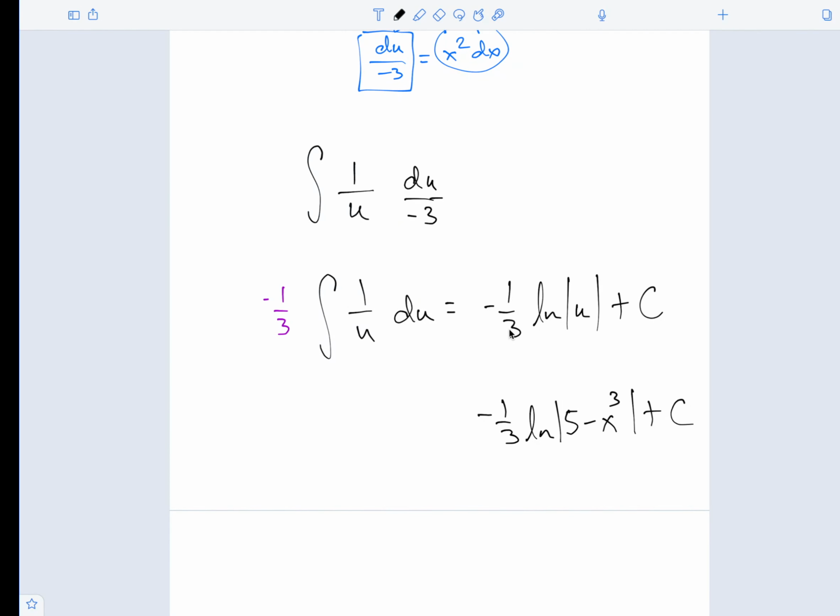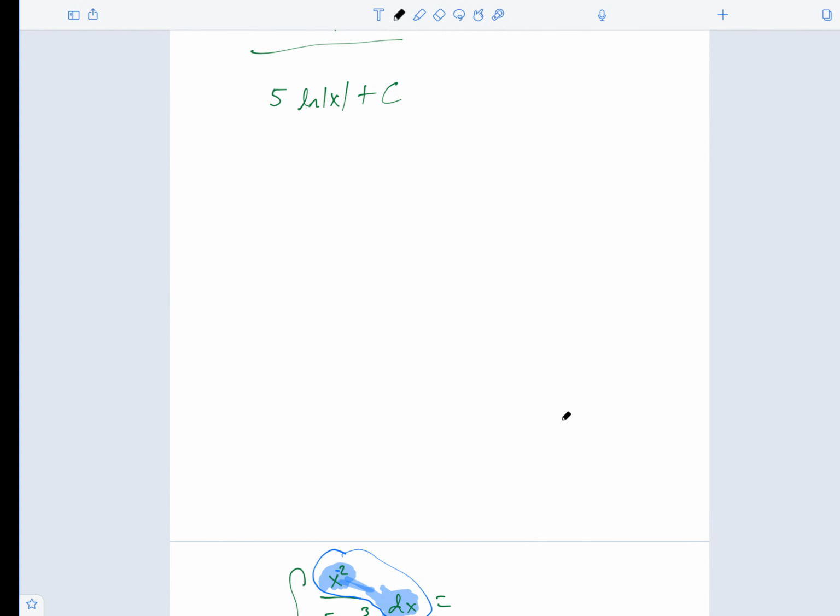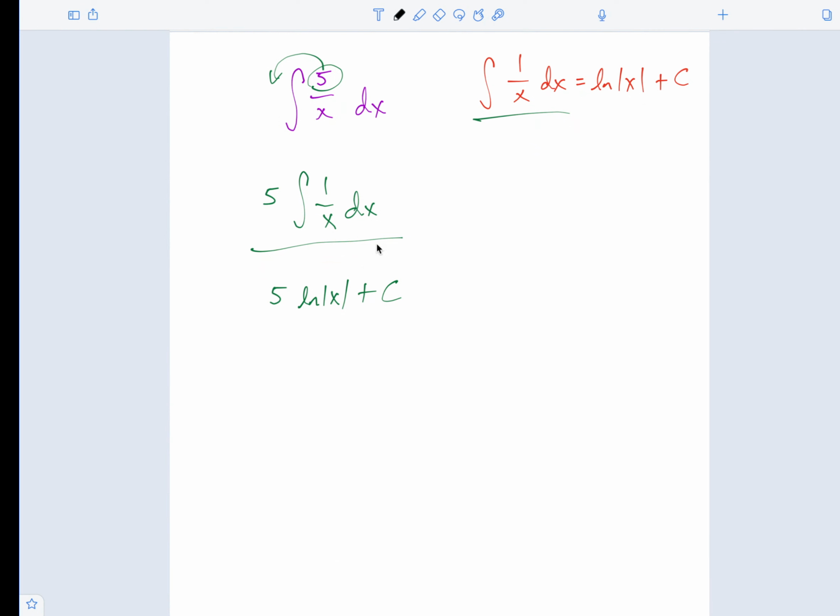And there's our answer. Now, one little comment that I wanted to make, I did this on the last video as well, is we said earlier that we're defining the integration of 1 over x dx as the natural log x plus c. So in the first one, when we multiplied by 5, we just wrote 5 times natural log plus c, but technically, we're kind of saying this, right?